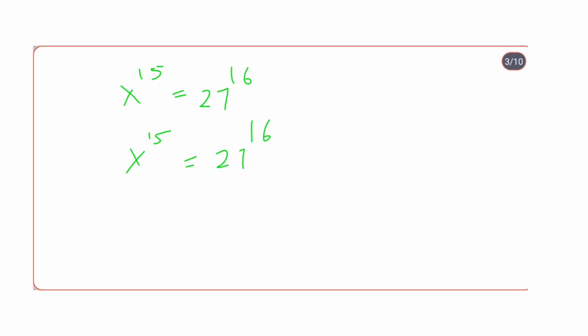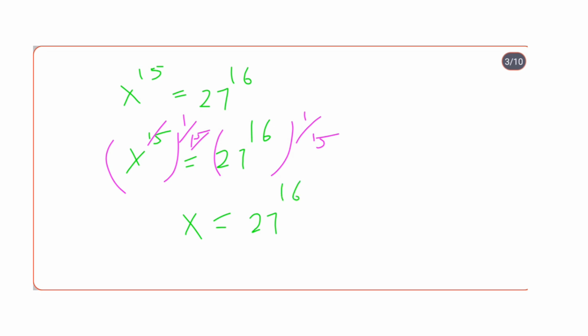We can also write it as power 1 by 15 on both sides, and this 15 cancels out, and x is equal to 27 power 16 by 15.